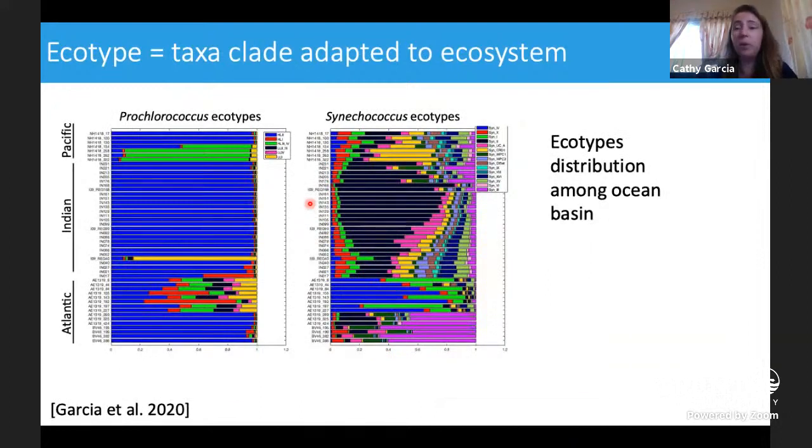So that is what we found. We found these ecotypes present in the Pacific, Indian, and Atlantic Ocean. Primarily, we found high light ecotypes present here, and this would be the Indian Ocean transect, which is really just dominated by the high light 2 ecotype. But what we see here is this is high light 3-4 for Prochlorococcus.